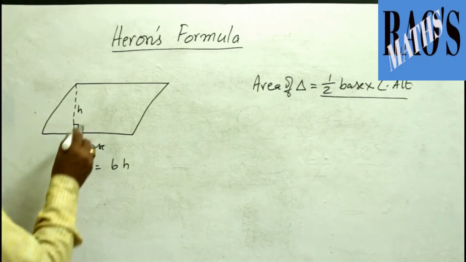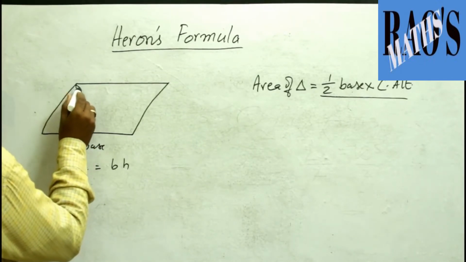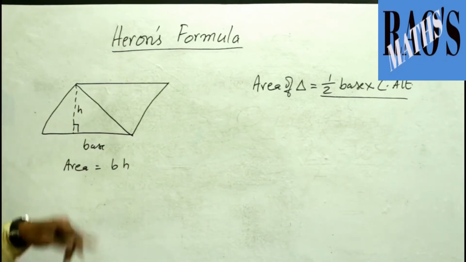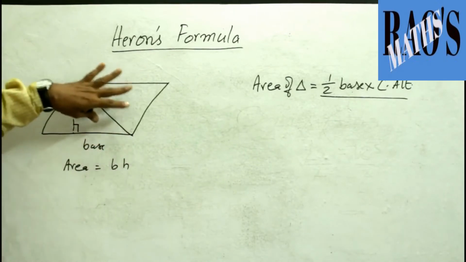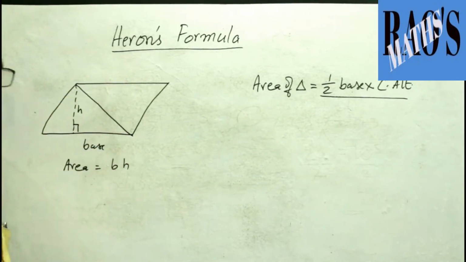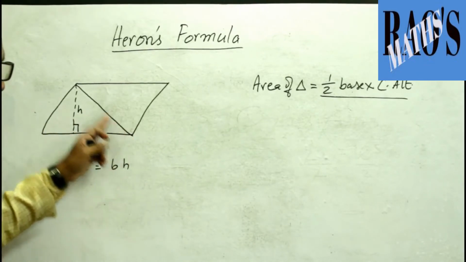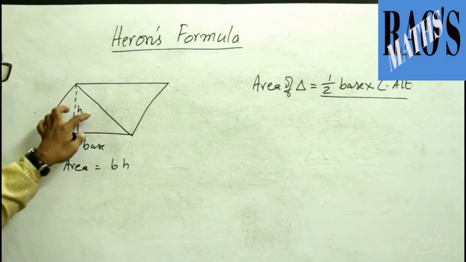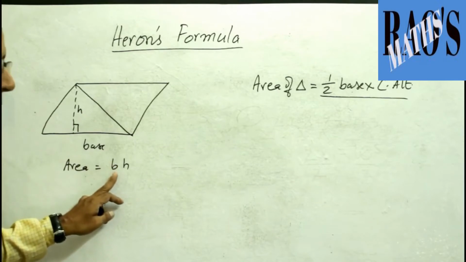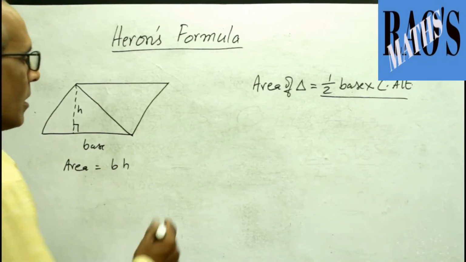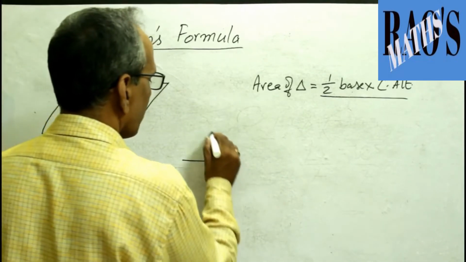And if I take the diagonal property, each diagonal divides the whole parallelogram into 2 equal halves. Since it is a triangle, this is half of the whole figure. So the area of a triangle is half the area of the parallelogram, because every triangle can be converted into a parallelogram.